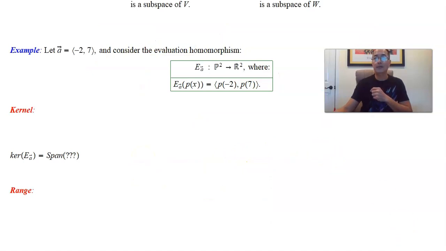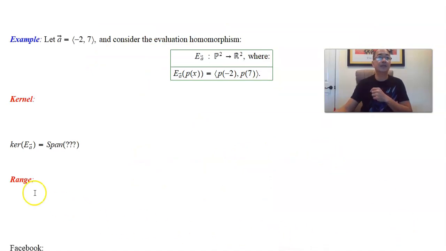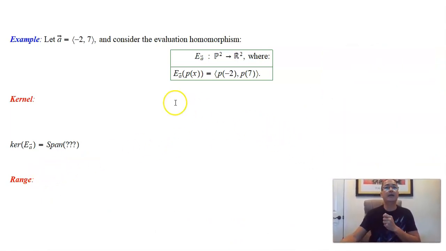We introduced this linear transformation a little earlier, and we said that we can think of it as the evaluation homomorphism, where you plug in -2 and 7 into your function, where the domain is not all functions, but just polynomials of degree at most 2.